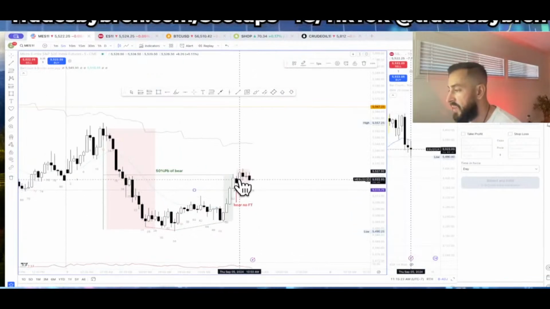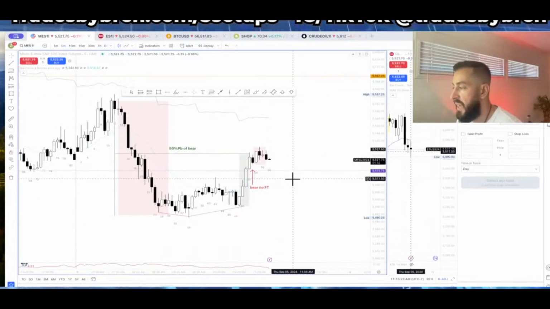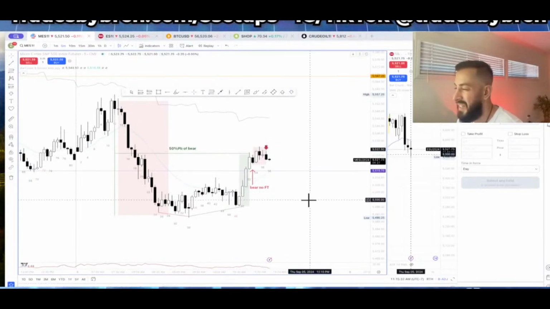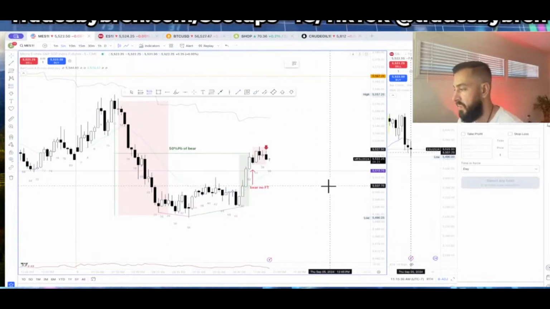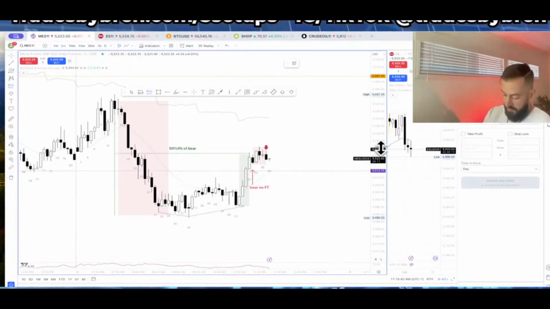They've got one close here. They've got one close here. The bulls slowing down. Potential short here, but not enough to make me want to get short.